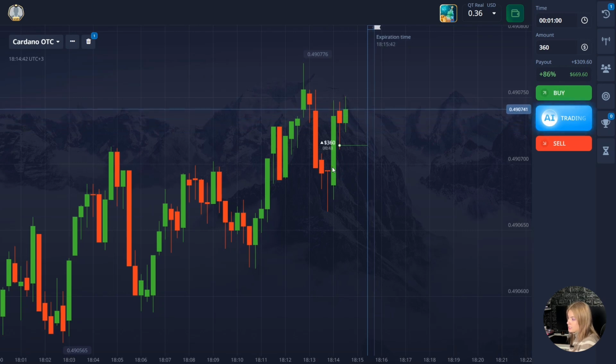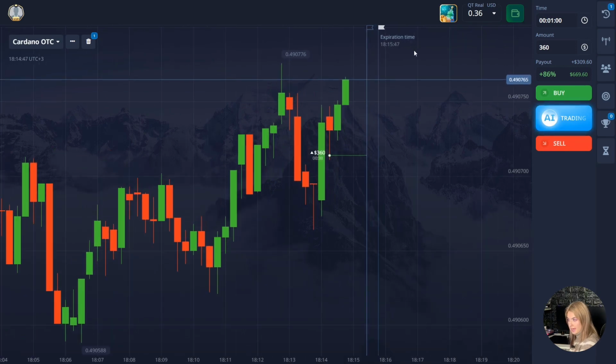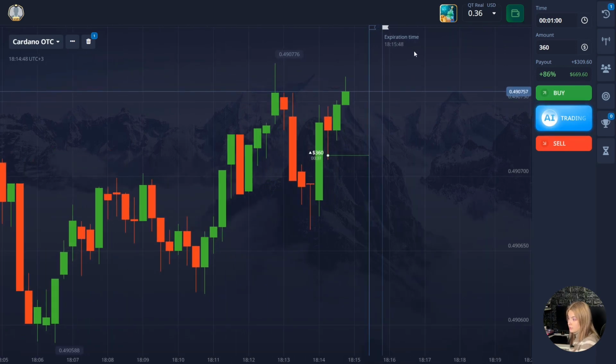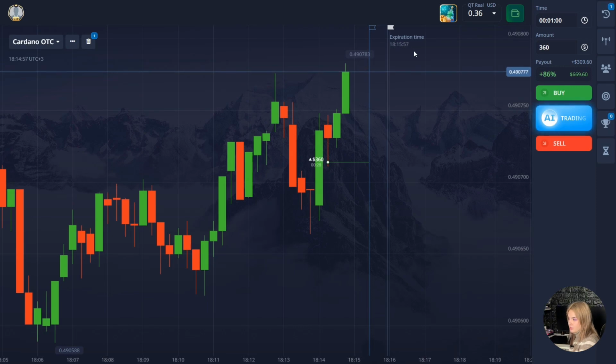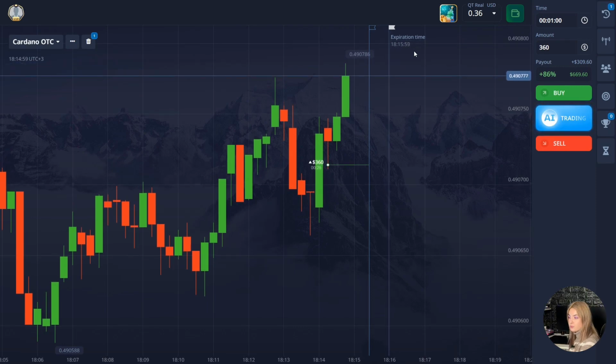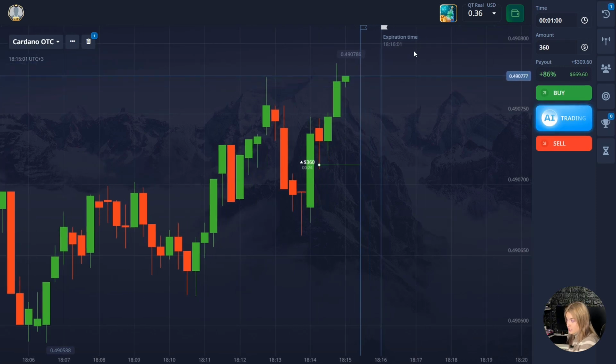Also now, as you can see, after the decline, the price resumed its growth again. That's why we've opened a deal to buy here, and since the price has already made an upward momentum, here we took the time of 1 minute, because after an increase, the price may show a decrease. So that our position here doesn't get knocked out, we will open a deal in such short time. So guys, let's wait for the result.